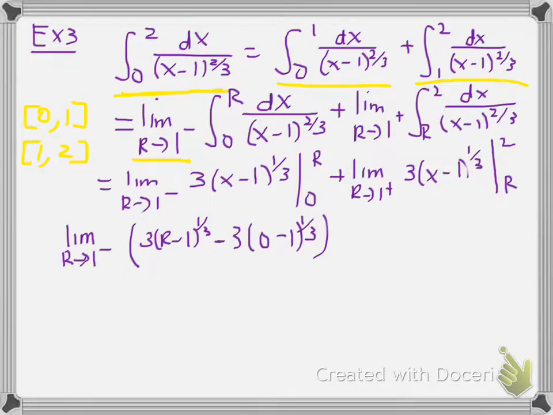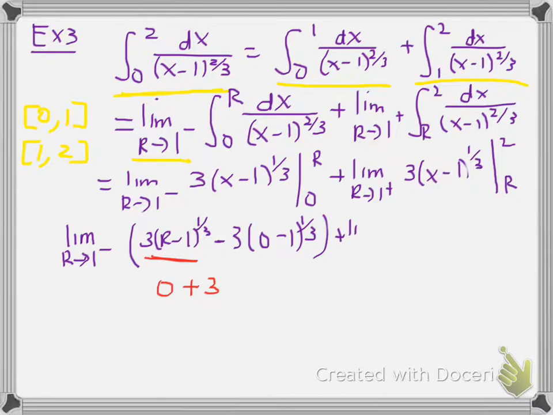Let's look at this to evaluate it. In this first term, that's just going to go to 0, because r approaches 1 from the left. And then here we have negative 1 to the 1/3, which is the cube root of negative 1, which is negative 1, times negative 3. So that's going to be plus 3. So it's a finite number, which means we need to continue and evaluate the other integral.